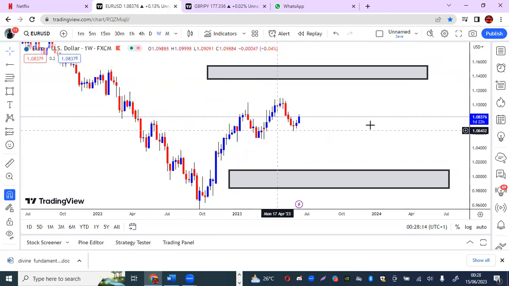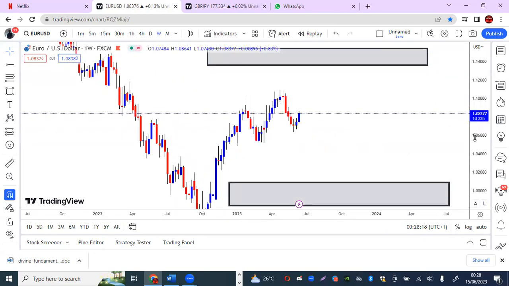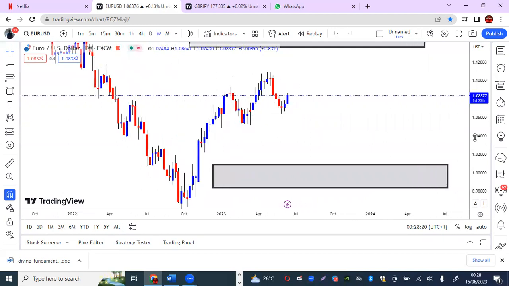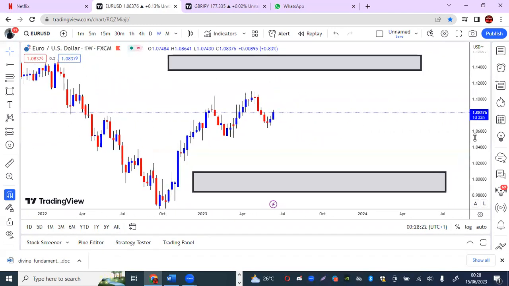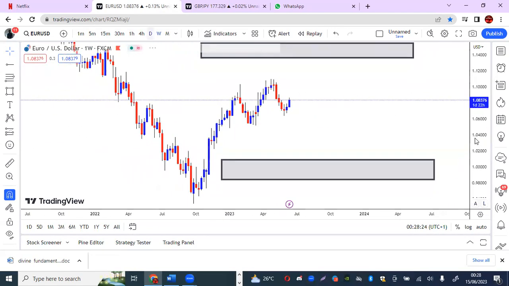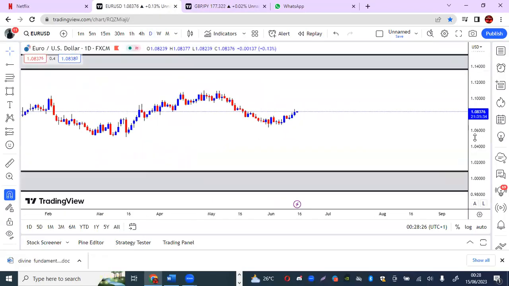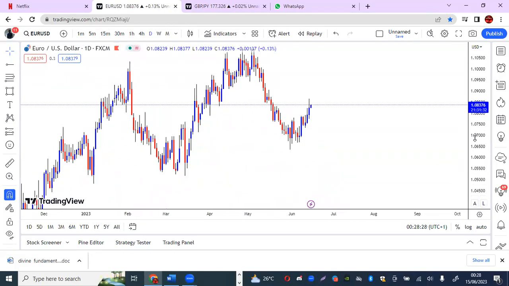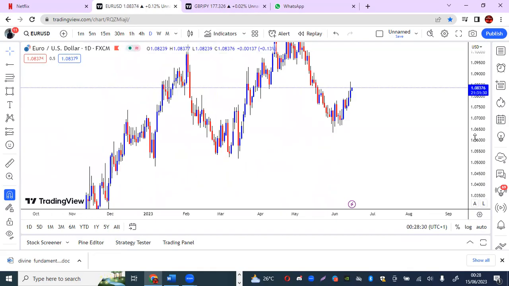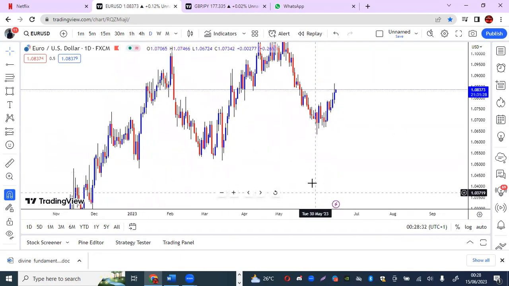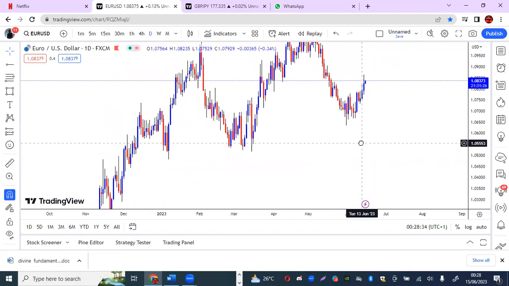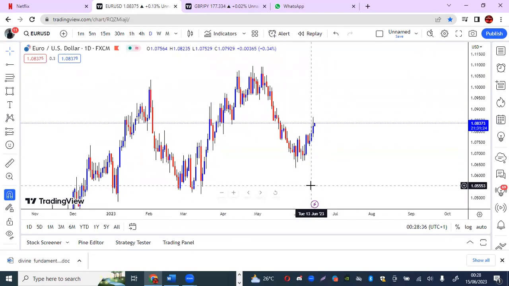So now, how do we know the base? How do we draw our base? Before we look at the right way to draw a base, we're just going to look at the general way. Let me go to the daily time frame, it's easier to spot. For a zone, there are some things we have to look out for: the departure candle.